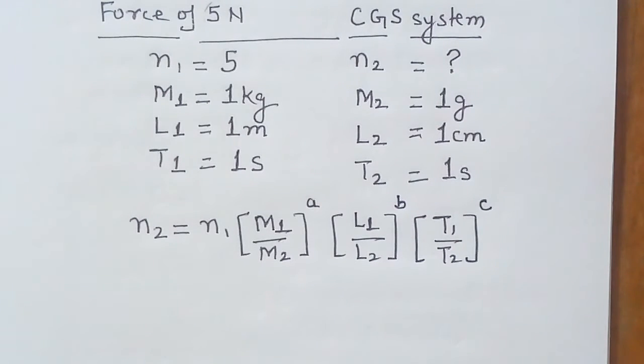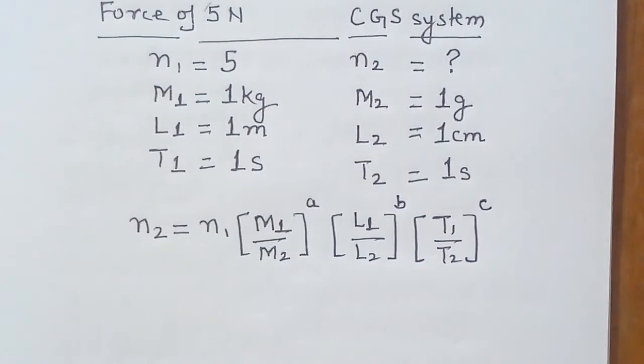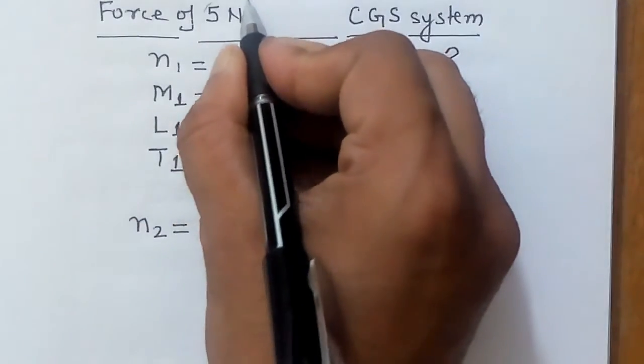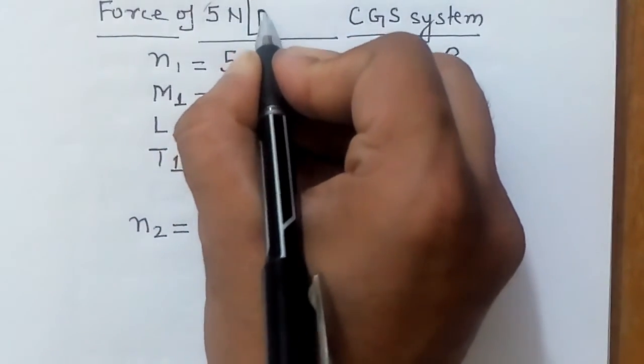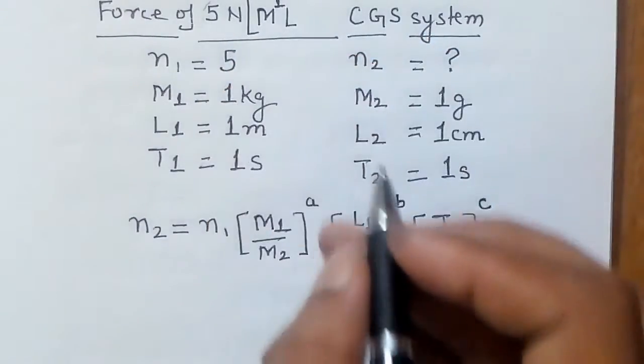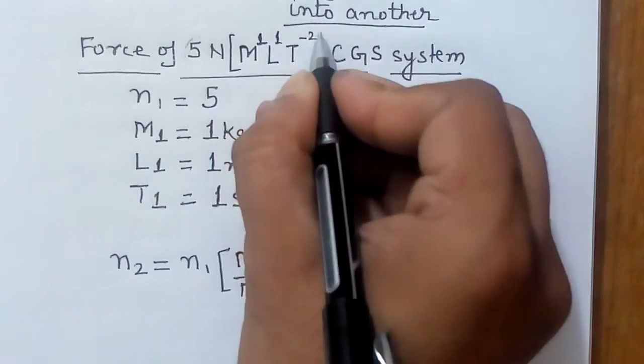But here A, B, C, these 3 coefficients are the dimensions of the physical quantity. That means we need the dimensions of force, and the dimensional formula of force is M1 L1 T minus 2.